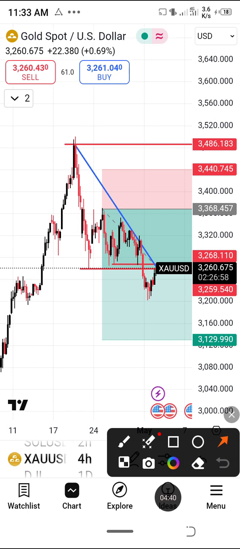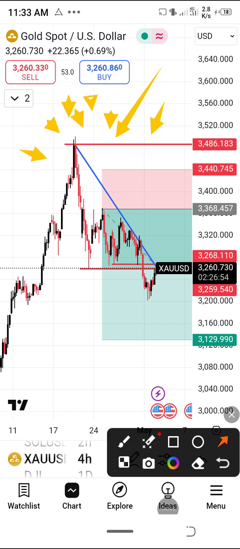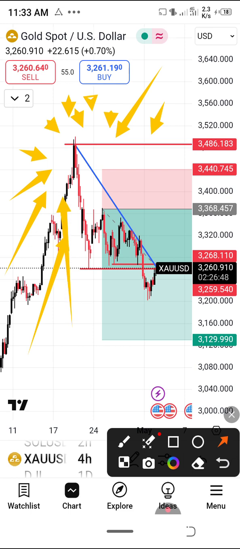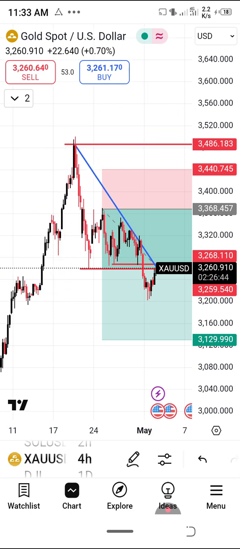We have a lot of selling pressure at this point. A lot of sellers are coming in, and buyers have taken their profits here. So when buyers take their profits around this area, the selling force will now be bigger than the buying force.